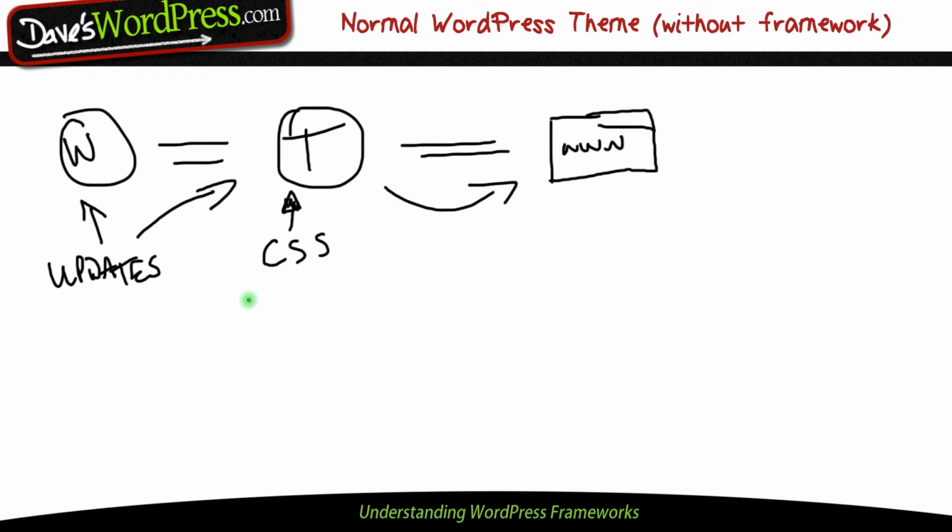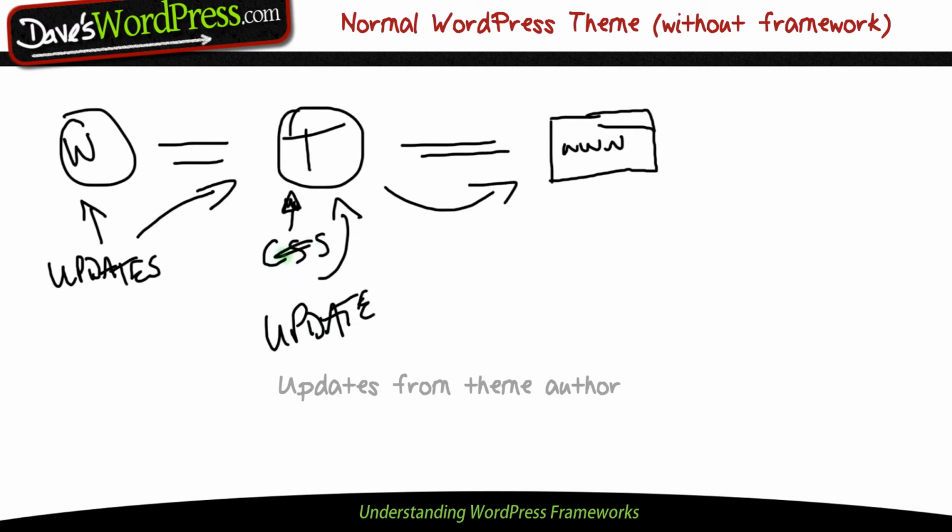Now, when these themes are updated, there could be an update that comes in from your theme developer and changes this CSS file, and it would scrap all of your hard work that you've made updating your theme.